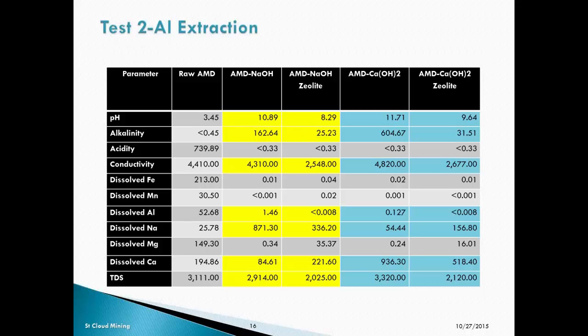And then as you went down and looked at what happened to the iron, well, we didn't make a huge impact there. The iron was already gone. But the dissolved manganese, typical of the water treatment, got it. The big effect there was what happened to the aluminum, which was one of the difficult areas. And then finally, you saw that on TDS, it looks like we typically reduced it by a third.